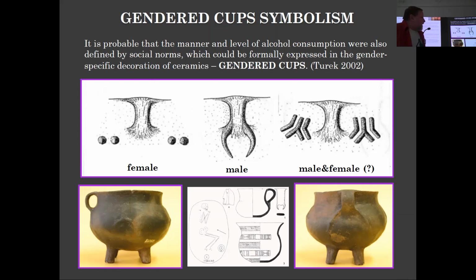Some of them are being interpreted as female symbols with breasts or nipples. Some of them like horns or mustaches, and some of them could be representing both male and female. That's the inverted Y letter.